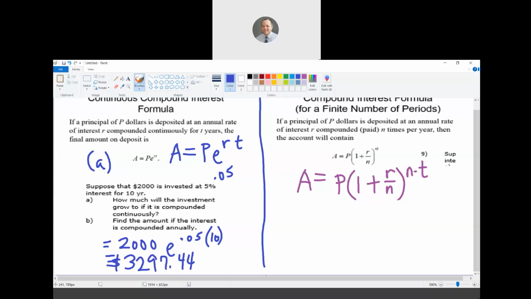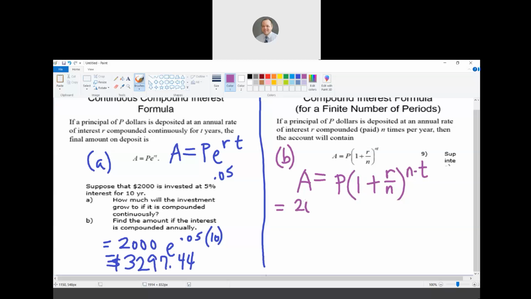Now let's see what we get if the interest is compounded annually. So since the interest is being compounded another way besides continuously, use the second formula. All right, so let's plug in our given information.